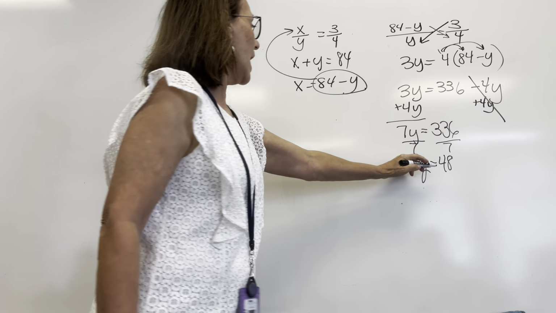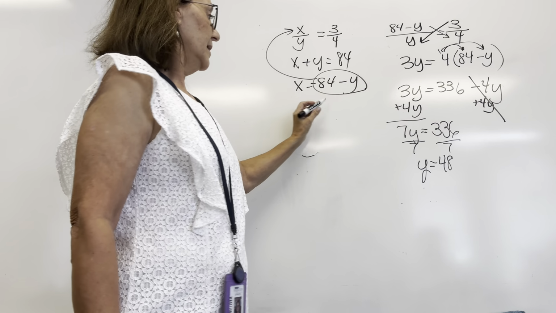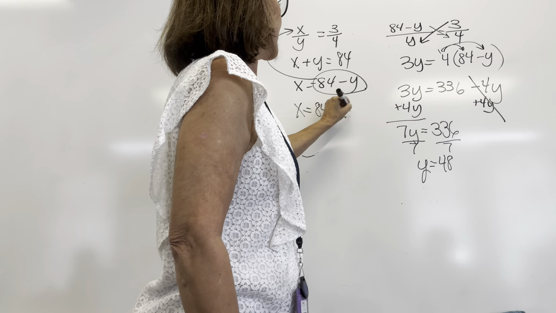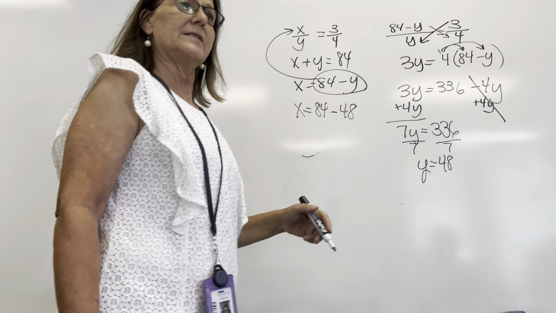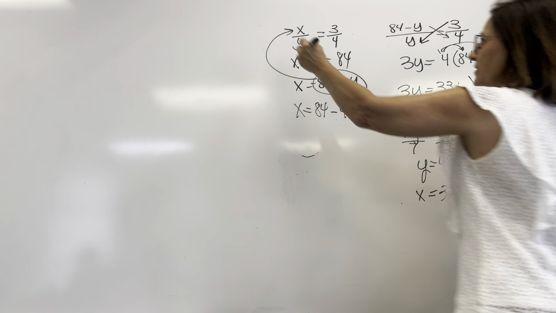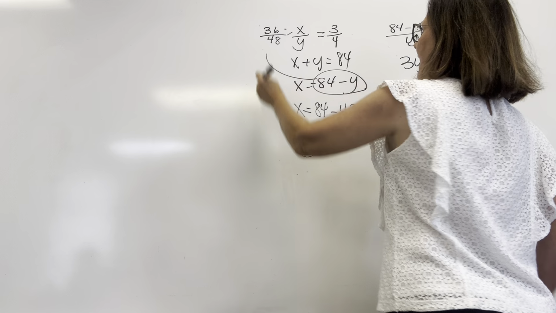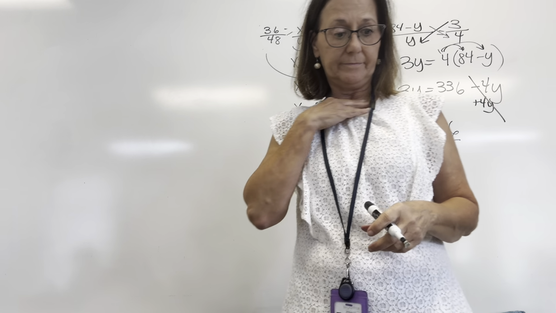Well, once I know y, then I can solve for x, because x is going to be 84 minus the value of y. And what is that? 36. So x equals 36. That's what they did. They took 36 over 48 and simplified it by dividing by 12 each term. Does that make sense?